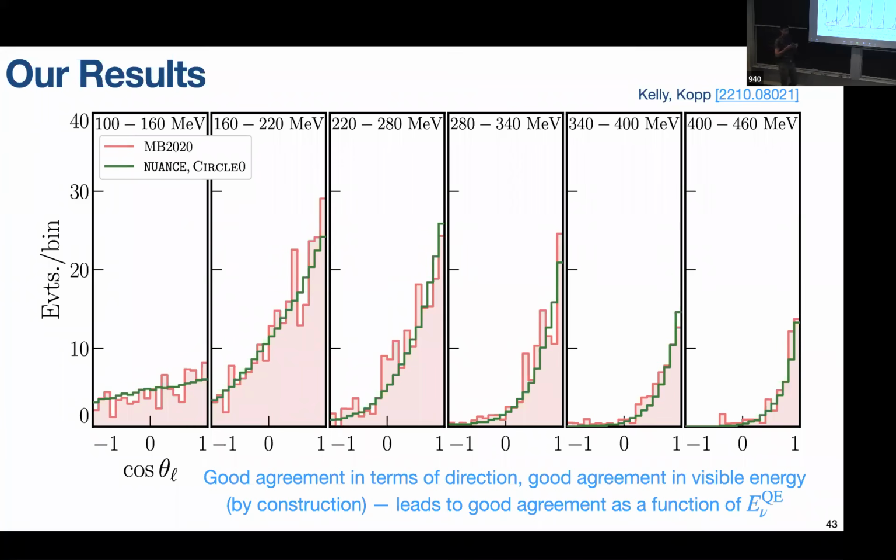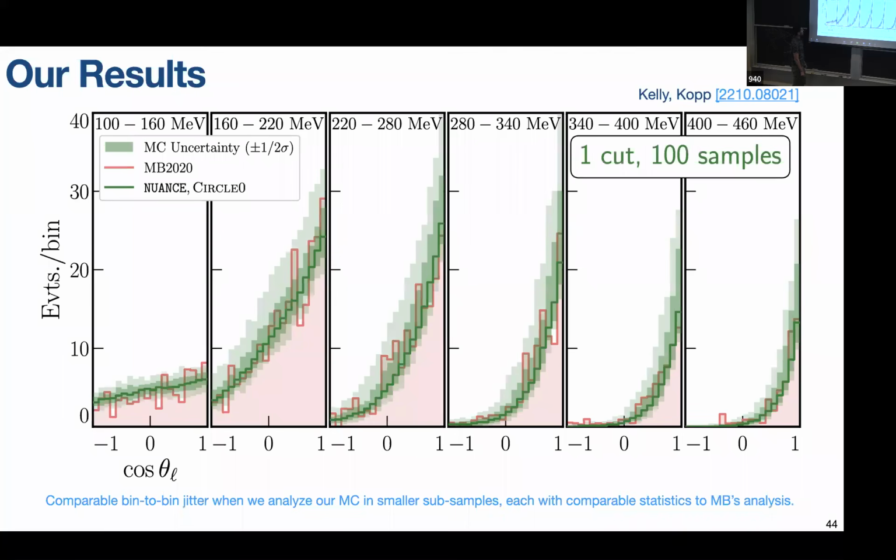And when we divided it up into those 100 subsamples, each comparable in Monte Carlo size, and asked how does our prediction change as a function of those different subsamples, we found a really big spread in these event rates in these bins, purely from Monte Carlo statistics.